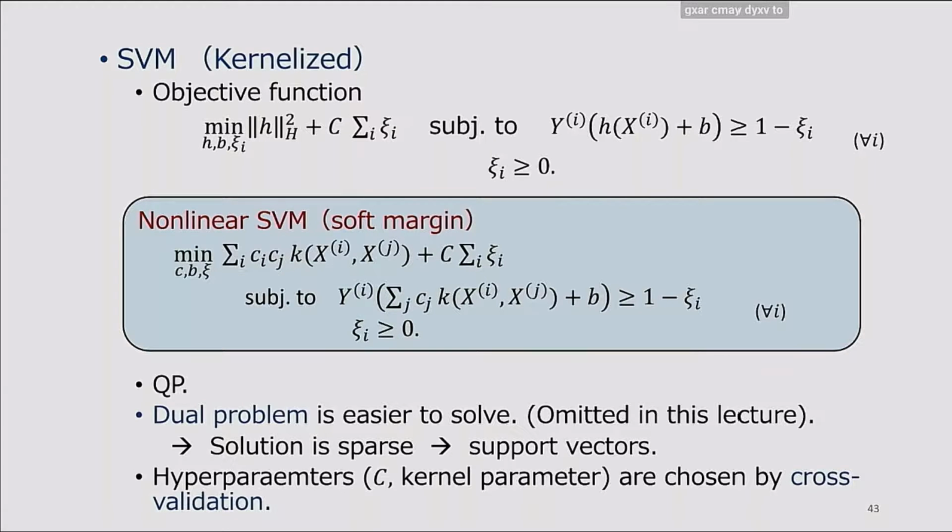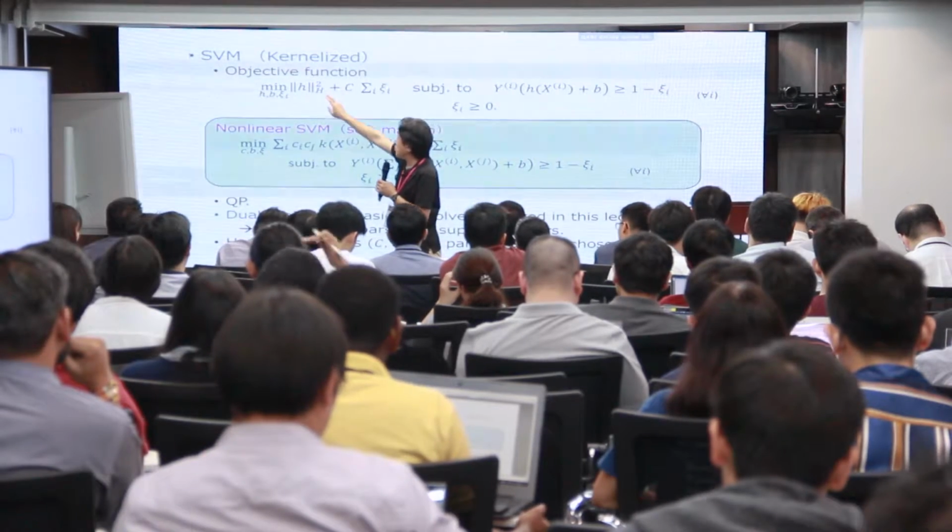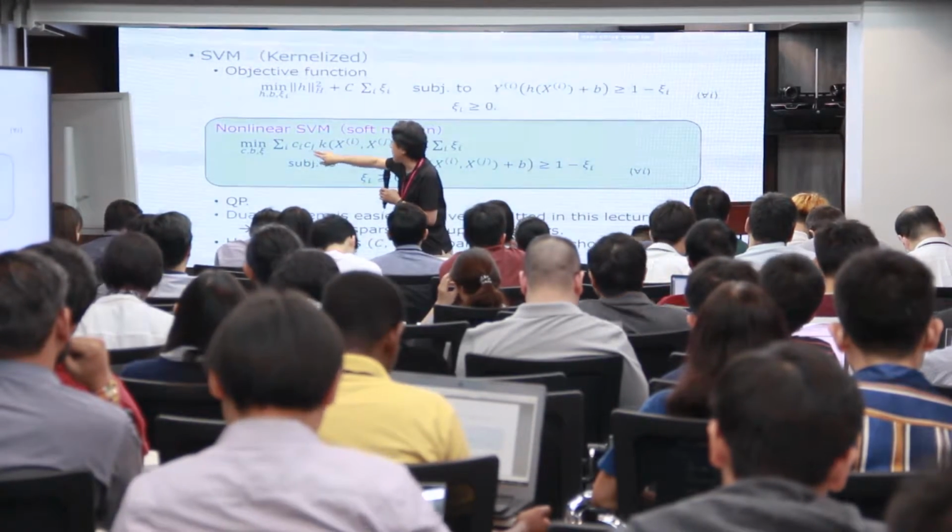Okay, and we can do exactly the same thing as in yesterday's talk. Actually, the solution of h is expressed in the linear combination of feature vectors by representer theorem. We can apply representer theorem to this case also. And after some work using the kernel trick, we can rewrite this objective function in terms of Gram matrix. This is a standard course of developing the kernel method. So this squared norm is replaced by this quadratic function.